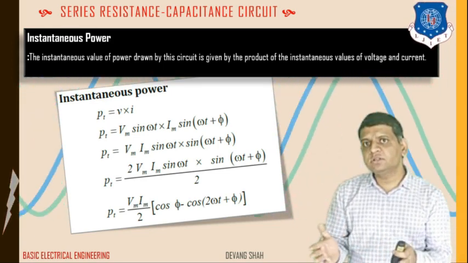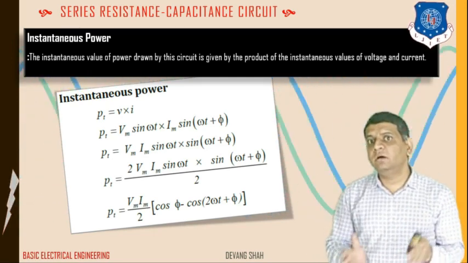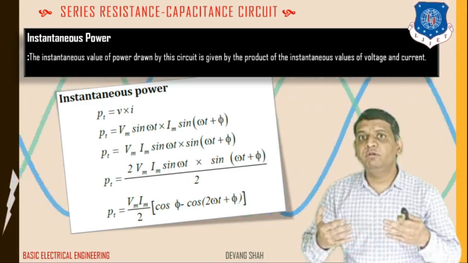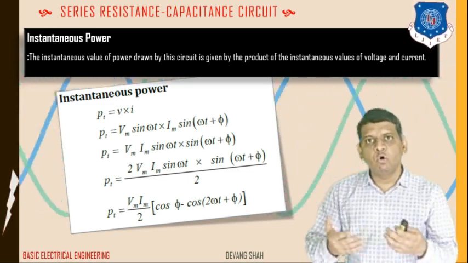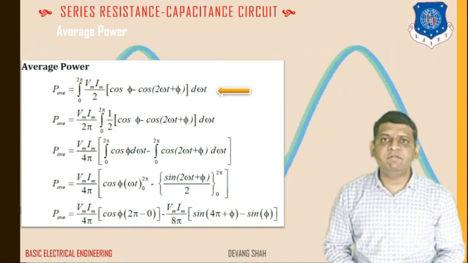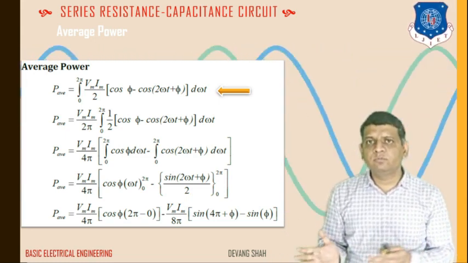Right? Since the first term, Vm Im by 2 into cos phi, is a constant term. But the other term having cos 2 omega t plus phi is called the fluctuating term. So the average value of this fluctuating term is always equal to 0. Let's find the P average value by taking the total span of the time, which is from 0 to 2 pi.